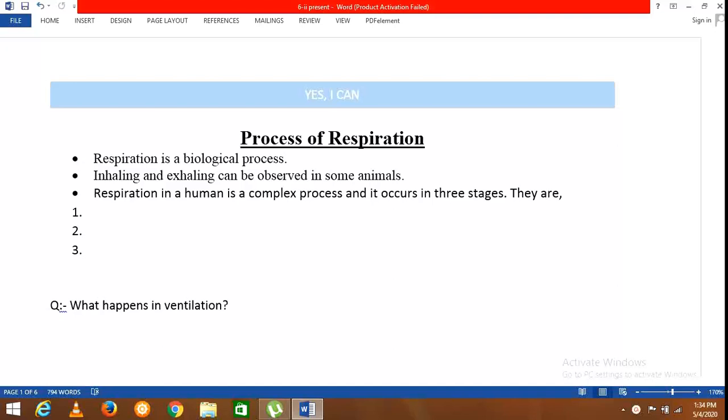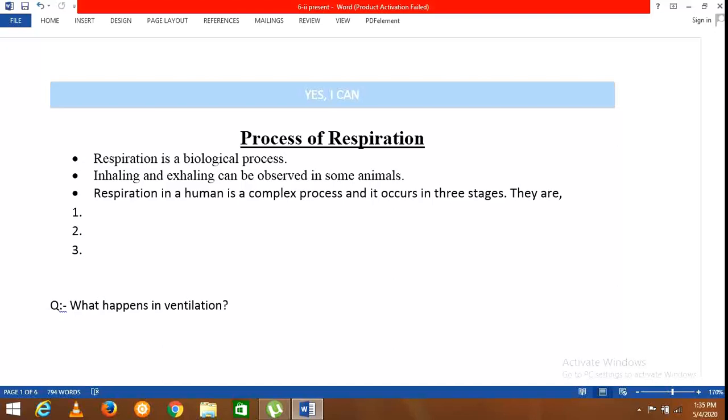So we are going to learn about the process of respiration. Once we say respiration, inhalation and exhalation, or breathe in and breathe out, come into your mind. But remember, it is only a part of this respiratory process.